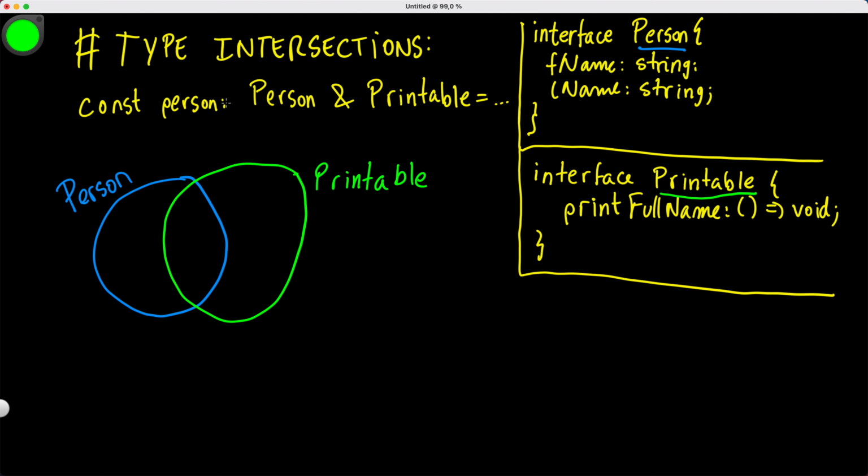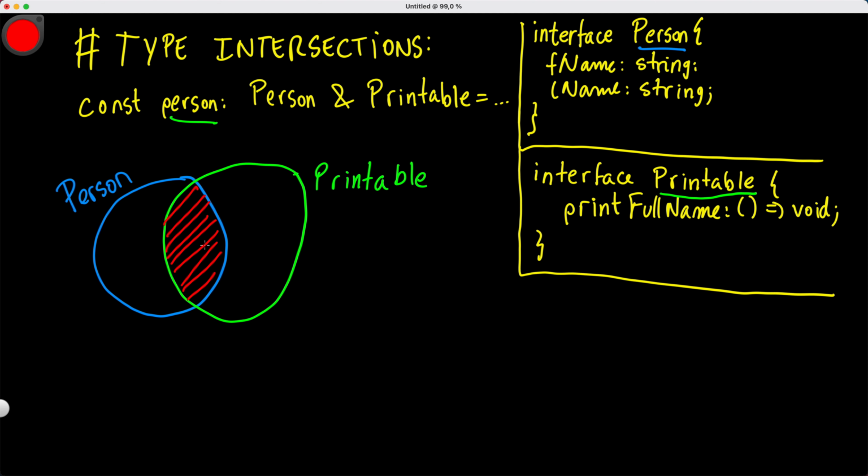And when I say that a certain variable person has to comply to both of them, what it means is that it will lie in this little region here. It is going to be both of type Person and type Printable, right?